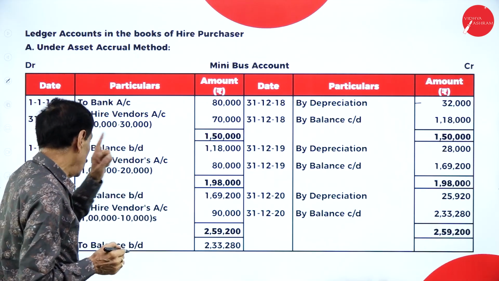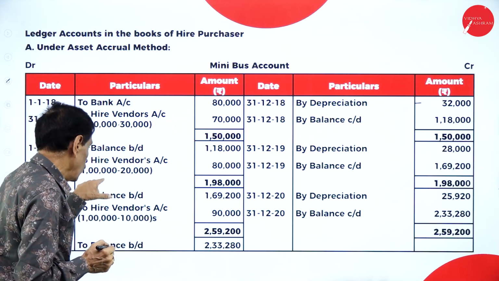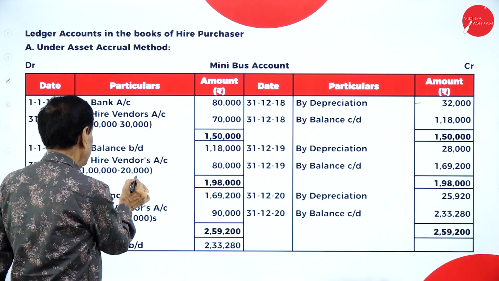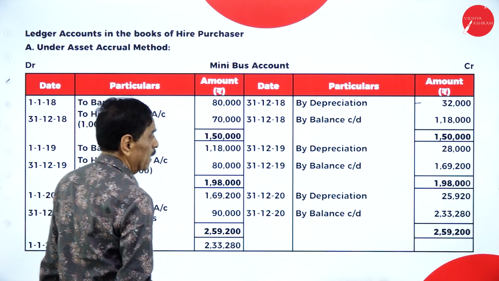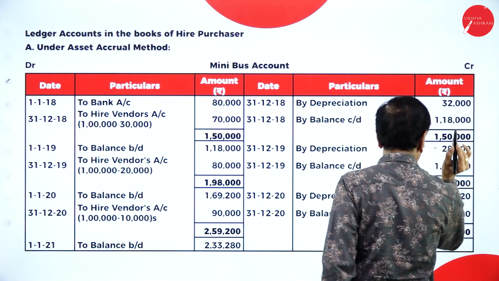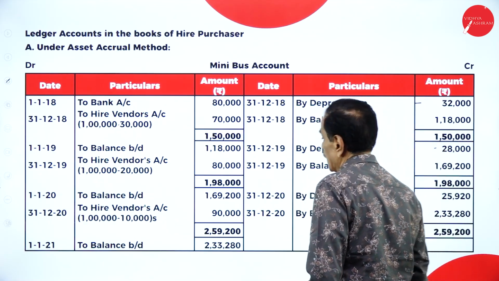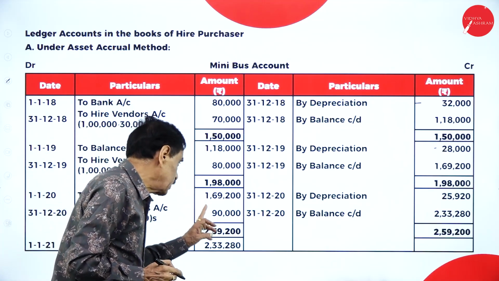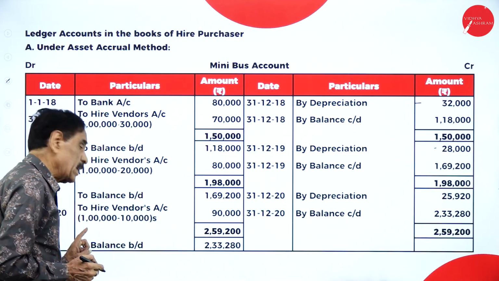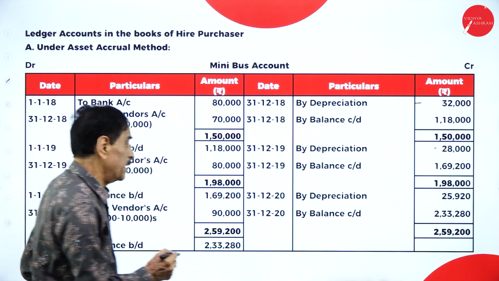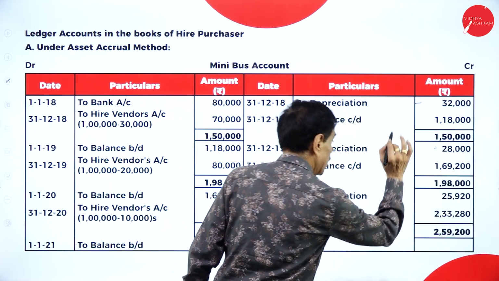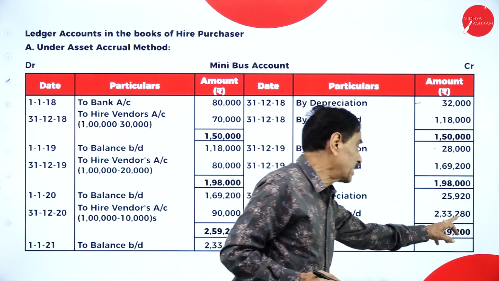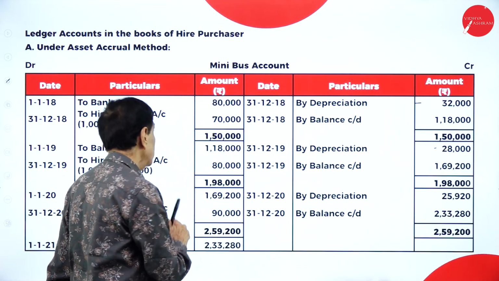Second year, you pay 1 lakh minus 20,000, which becomes 80,000. Depreciation of that year is 28,800. The balance is 2,09,200 brought down. Third year, 1 lakh minus 10,000 is 90,000. Depreciation of this year is 25,920. The balance will be 2,33,280 at the end of the third year.